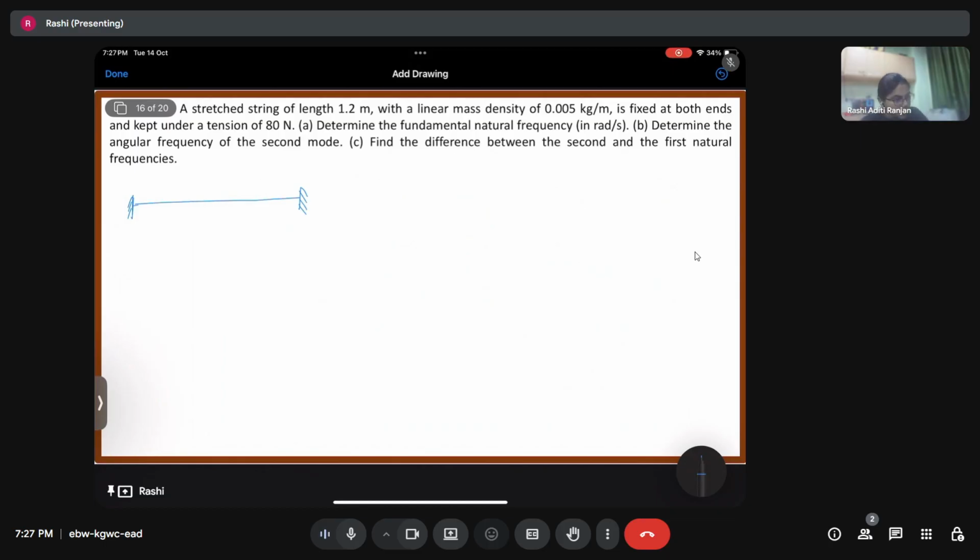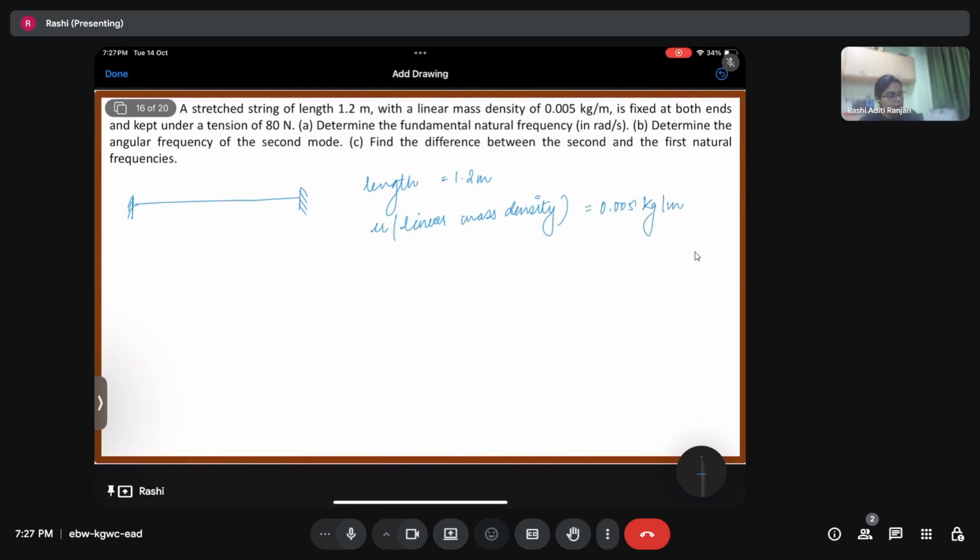So we have length 1.2 meter, linear mass density, which we can write as mu, which is 0.005 kg per meter.